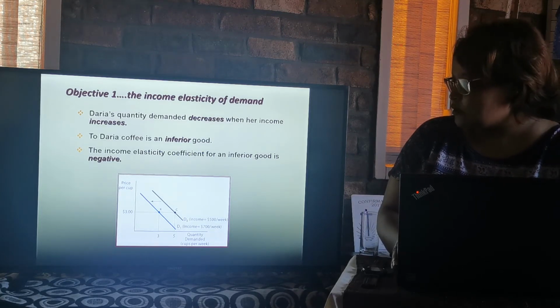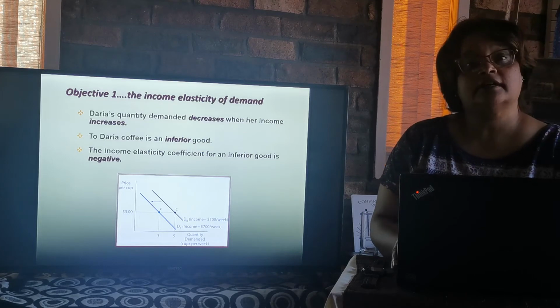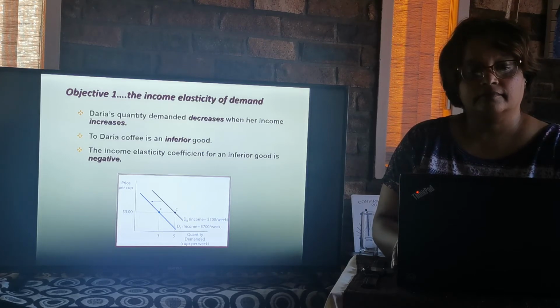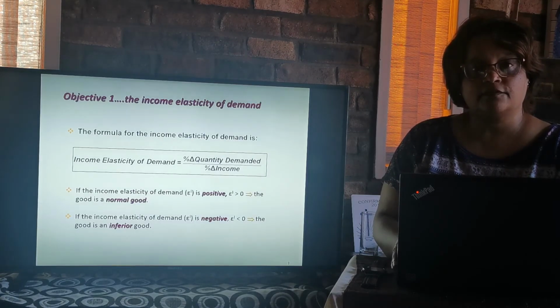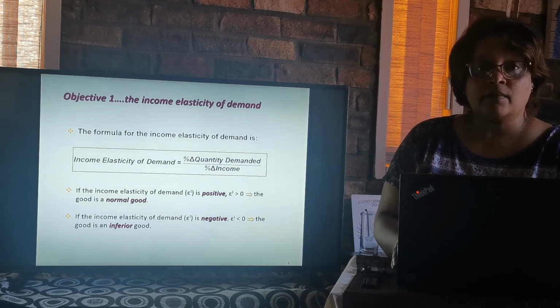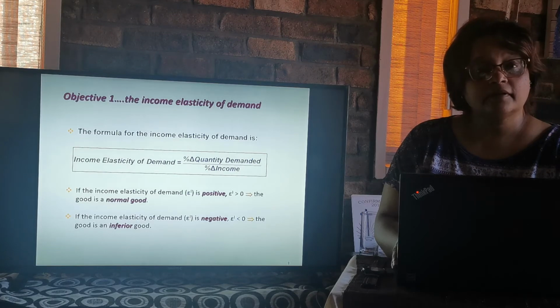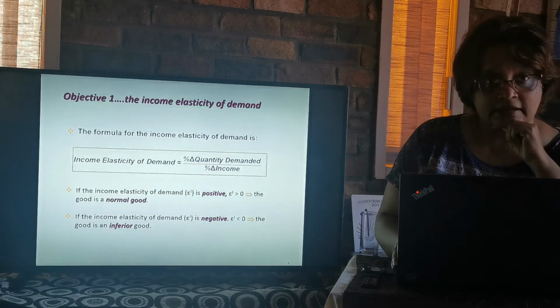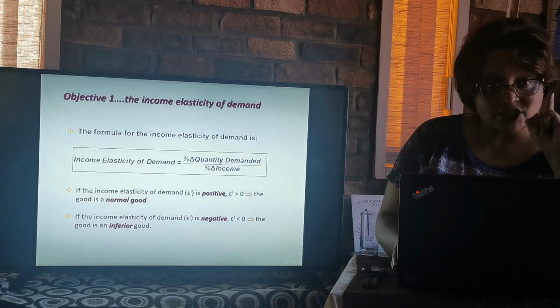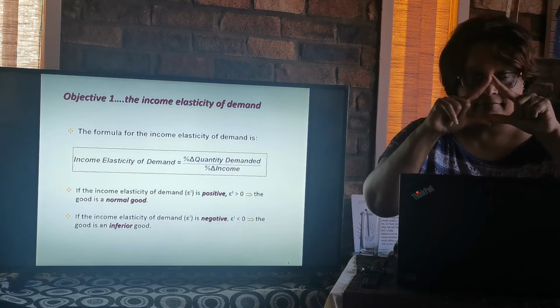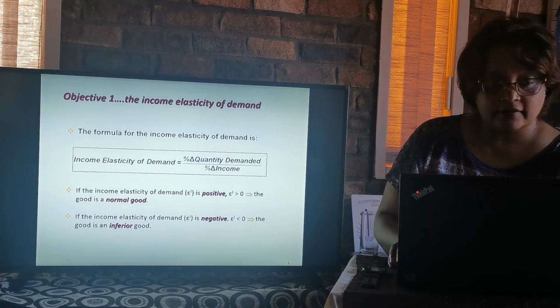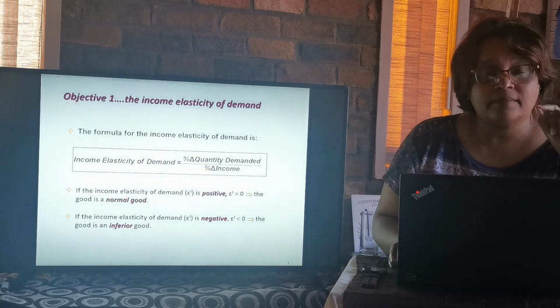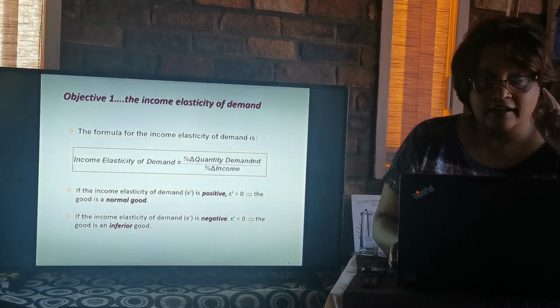The income elasticity coefficient for an inferior good is negative. That's the formula: the percentage change in quantity demanded, divided by the percentage change in income.